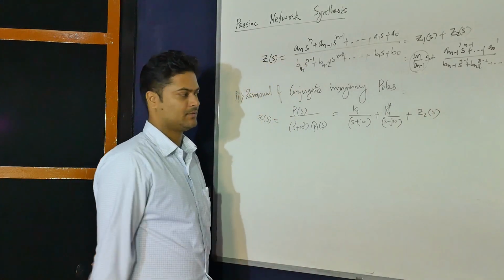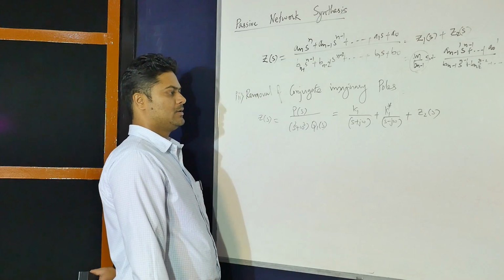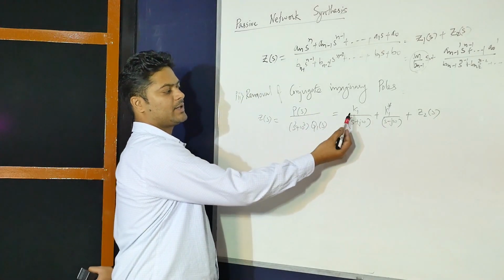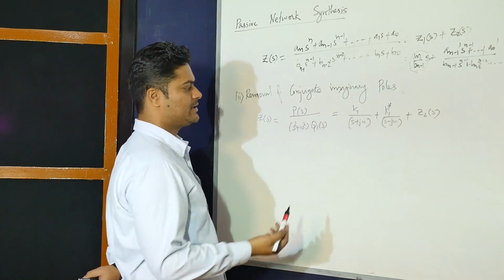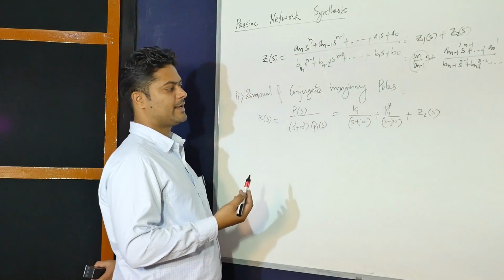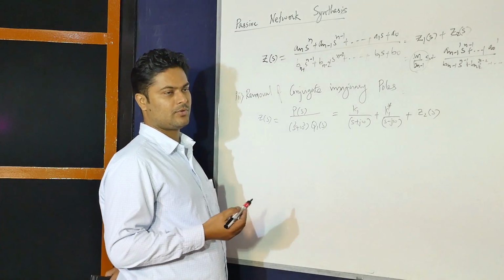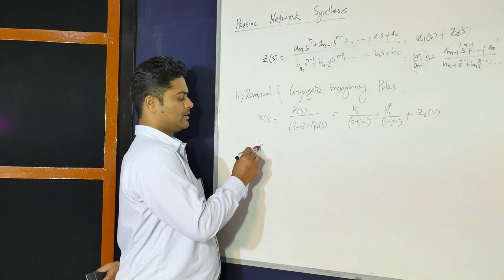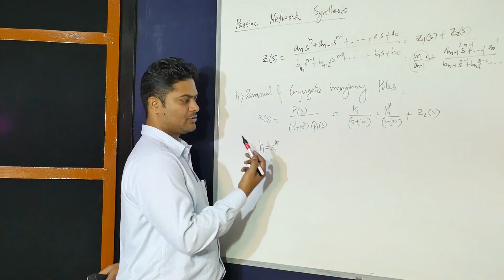Correct? It goes further. Maybe P of S by Q1 of S. We have to find the residues, that is K1 and K1 star. Once we find the residues, they have to be real and positive, which means K1 is equal to K1 star.